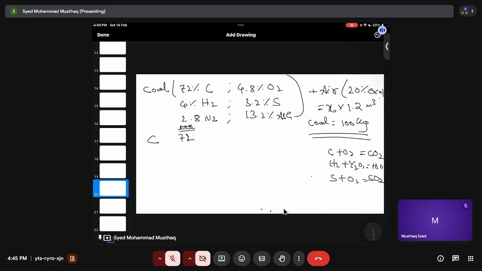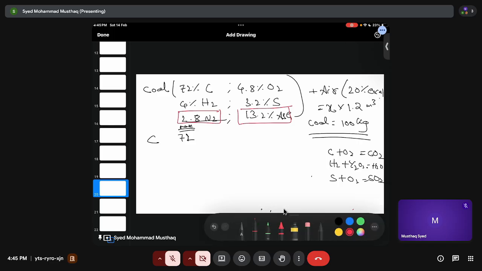Let's say my nitrogen is inert. Let's write it in red. My nitrogen is inert, my ash is inert. We will remove the oxygen part. There is no need to worry about it. Apart from the oxygen present here, we are also supplying oxygen from air. That's why we remove this part whenever we are trying to calculate the net calorific value.